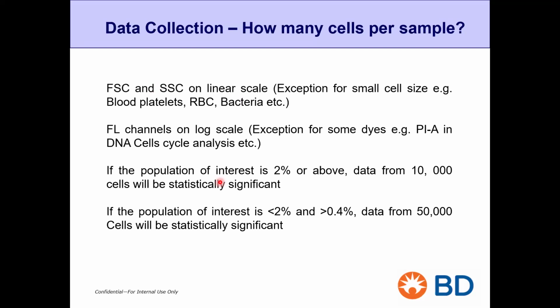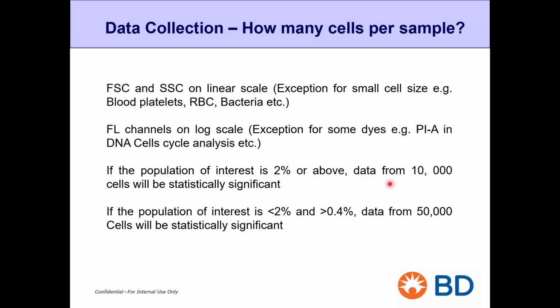For example, if your population of interest is 2% or above, then 10,000 cells are statistically significant for your data generation. For example, I'll take the example of CD3. In your lymphocytes, your CD3 is more than 2%.